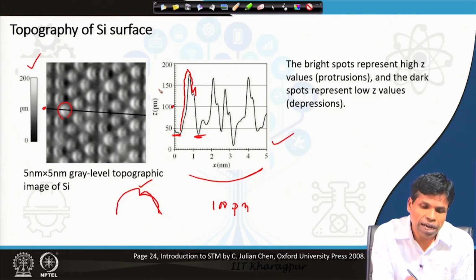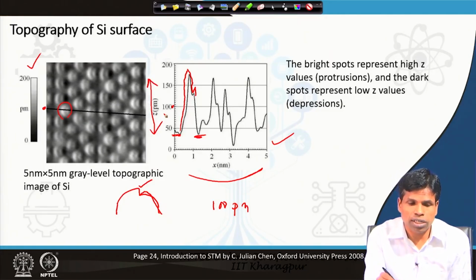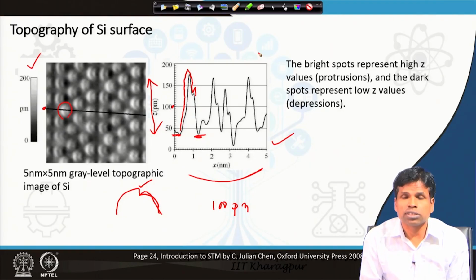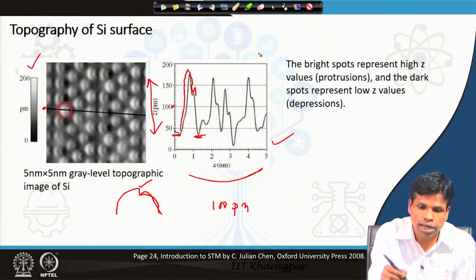This type of vertical height measurement was not possible in our scanning electron microscope or helium ion microscope, but these scanning probe techniques provide us depth resolution at the atomic scale or picometer scale, as you see here.